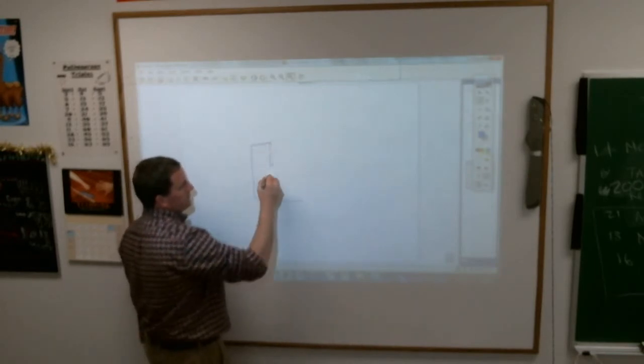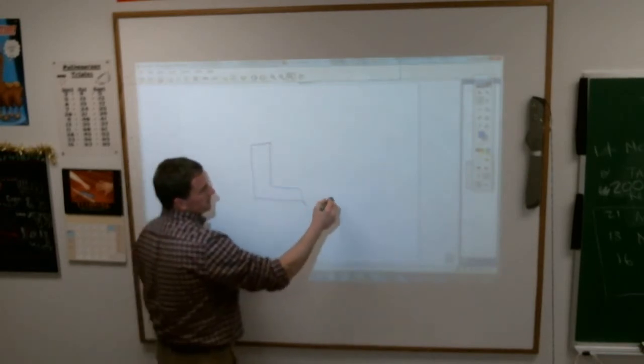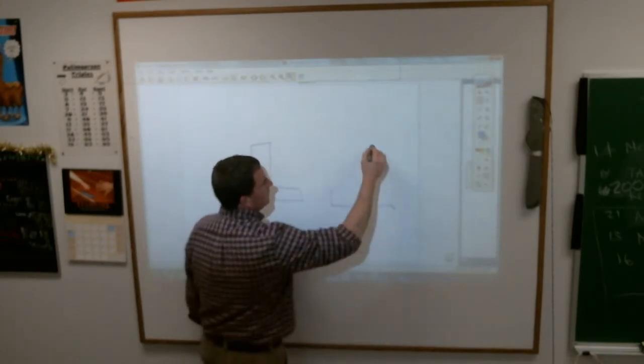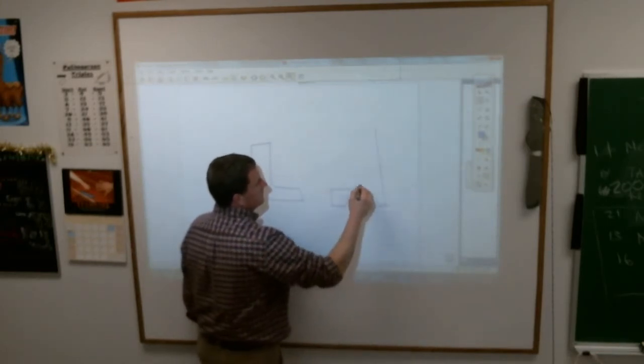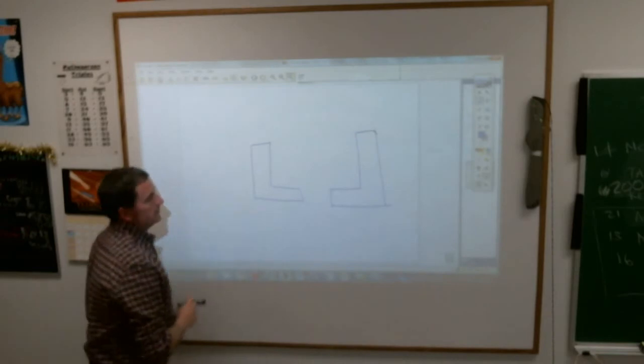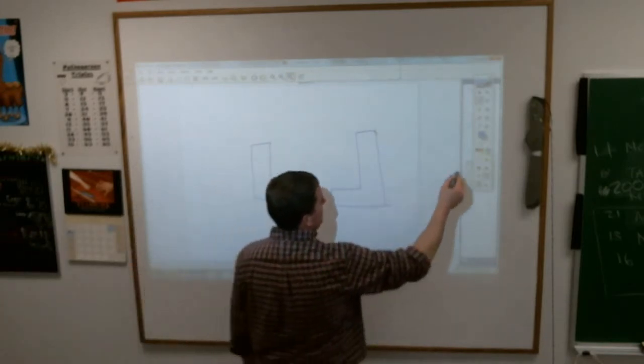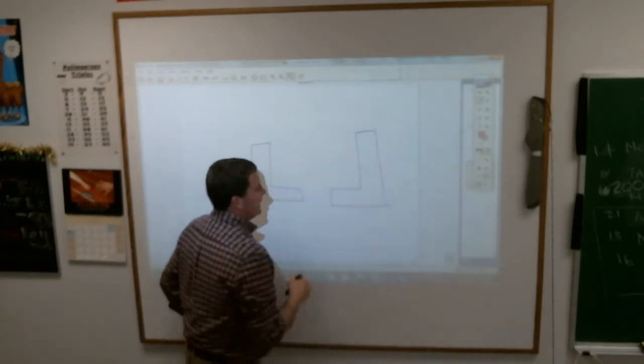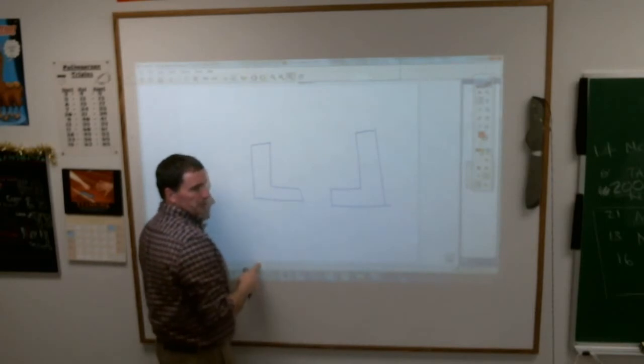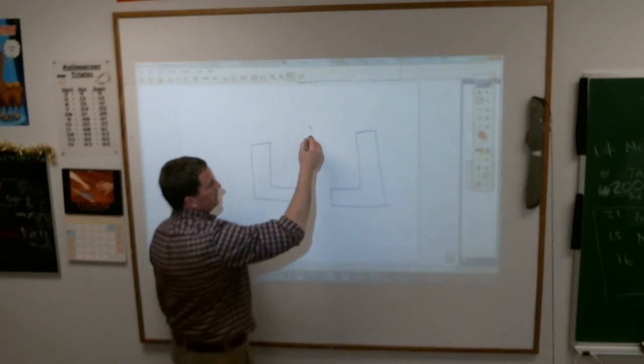The book gives you an example problem that looks like this and says, is there a line of symmetry between those two? In other words, if you fold it somewhere, will they fold up on each other? Yes. And where would the line of symmetry be? Right in between them here.